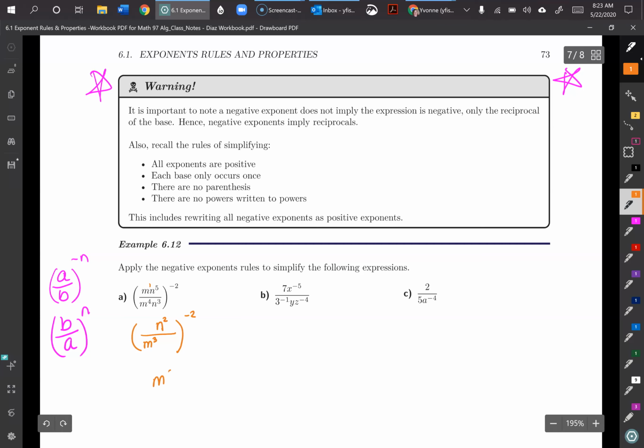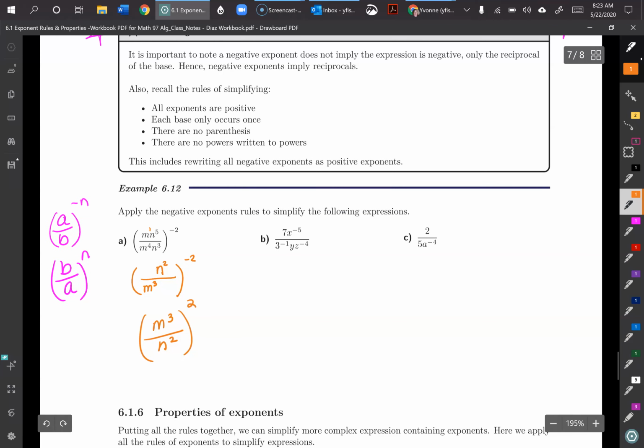So I have m cubed over n squared. Now I need to apply my power or product or quotient to power rule, whichever we're working with. This happens to be a quotient, so I would multiply my exponent. So I have m to the 6th over n to the 4th. And then I'm finally done with that one.